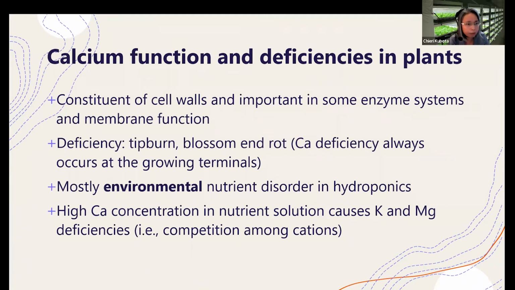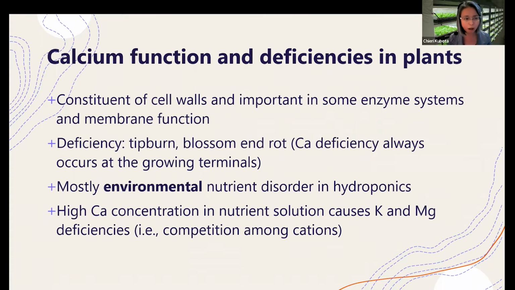In addition to tip burn, calcium deficiency is known for other organs or other species. For example, tomato has blossom end rot, which is also a localized calcium deficiency. Calcium is very important, involved in many enzymatic activities and membrane function.